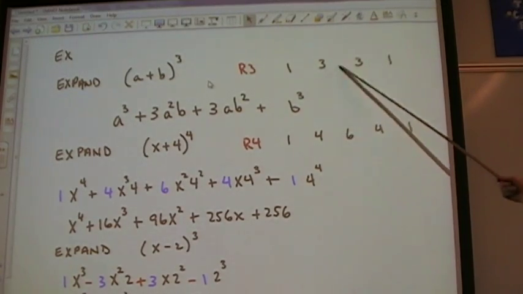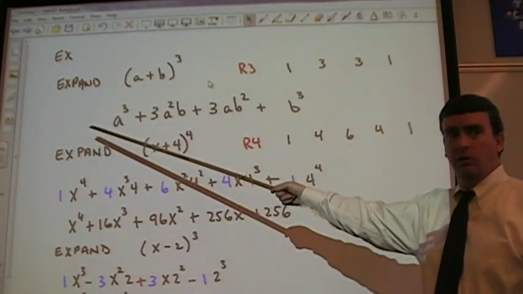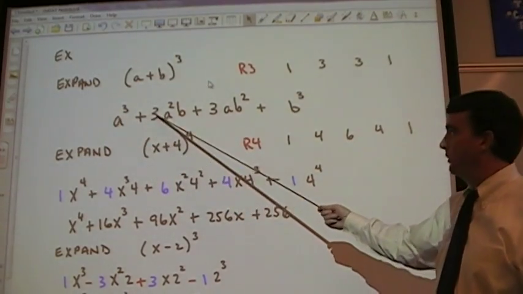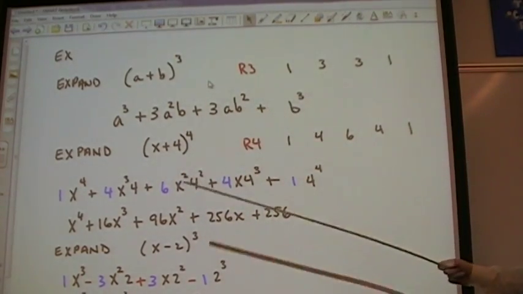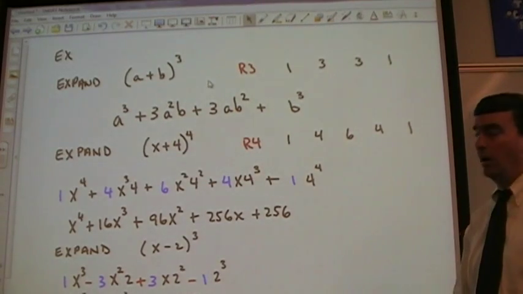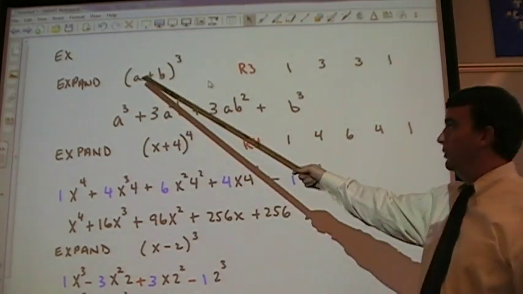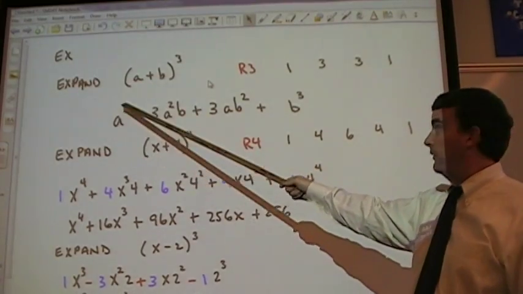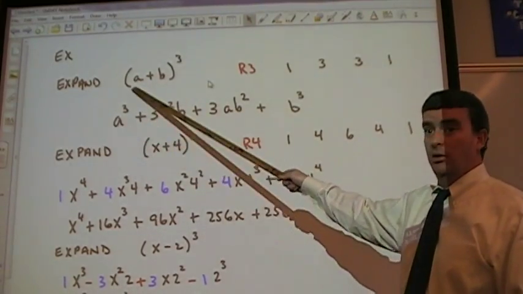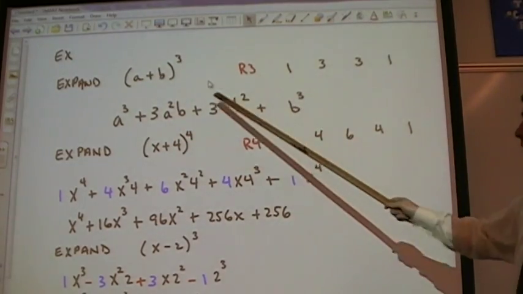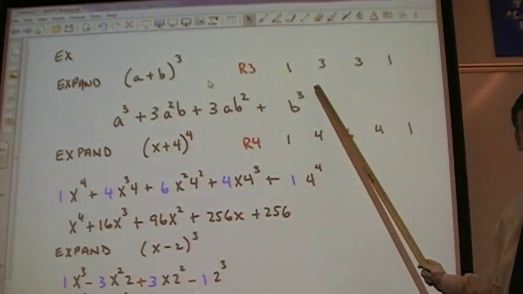So the 1, 3, 3, 1 are going to represent your leading coefficients. Look at my final answer. I have a 1, a 3, a 3, and a 1. Now, to get the terms, you should know that the first term has to be a cubed, always, and the last term you have to end up with is b cubed.